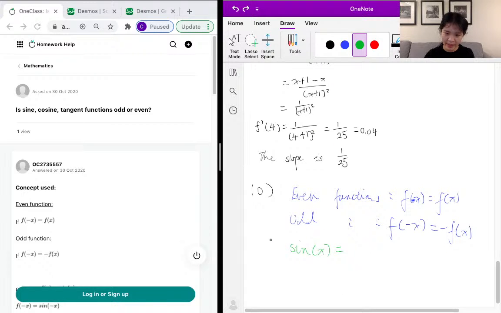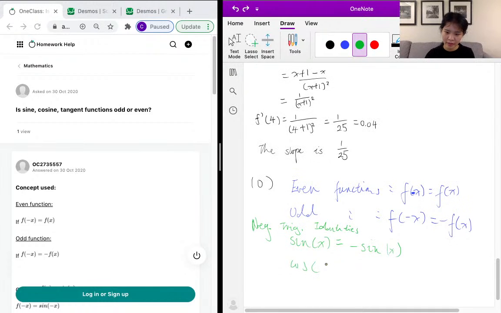But from the negative trig identities, we know that the sine of negative x is equal to negative sine of x, the cos of negative x is equal to the cos of x, and the tan of negative x is equal to negative tan of x.